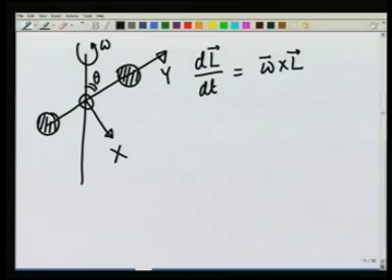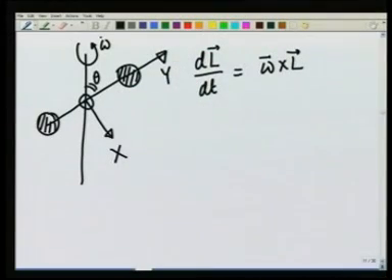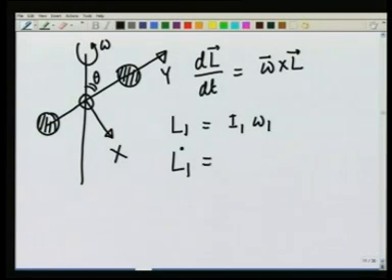Let me now see what happens if I also change this omega with time. In that case, recall that the component along the x direction is I1 omega 1. So if I change the omega, the angular velocity, omega 1 is going to change, and therefore L1 dot is equal to I1 omega 1 dot.